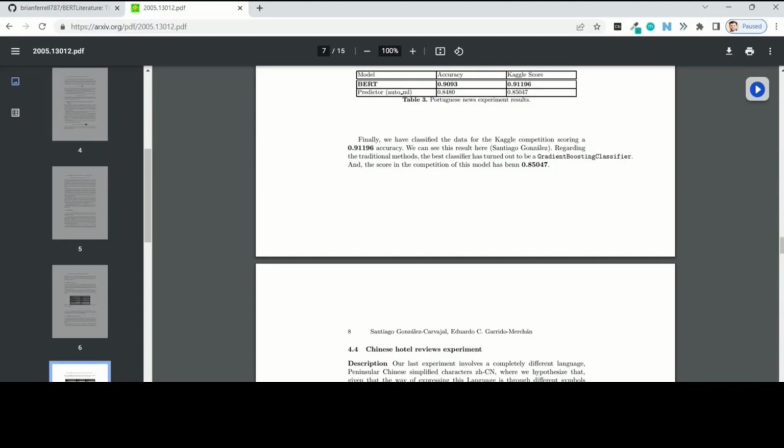And the authors basically admit that BERT turned out to be far less complicated than implementing the traditional methods. And this is true because you don't have to do feature selection with these huge black box models. You just download them and use them. In some ways, that's kind of scary, but in other ways, it saves you a lot of time.